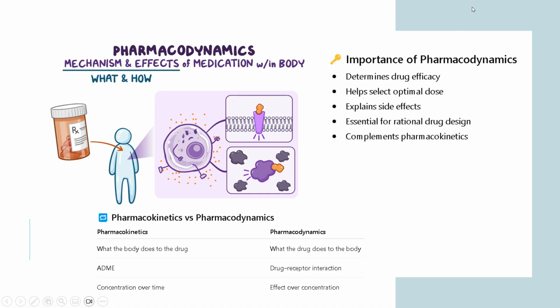So that determines drug efficacy. You know that taking one pill is more than enough for your treatment, right? How do you know that? It is already documented, already prescribed by the doctor. How does the doctor know that? This is how: you have taken one medicine, you are feeling good, your body is responding well.